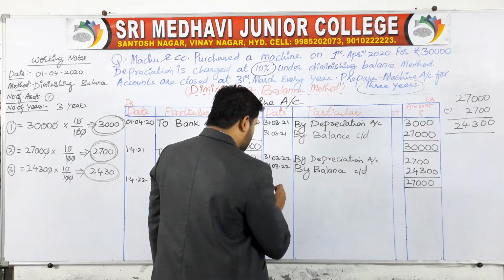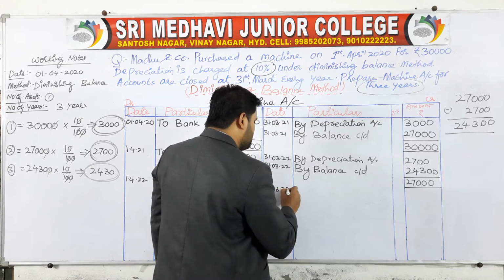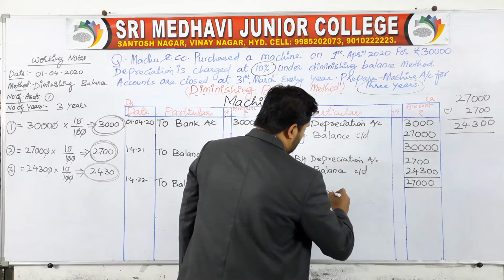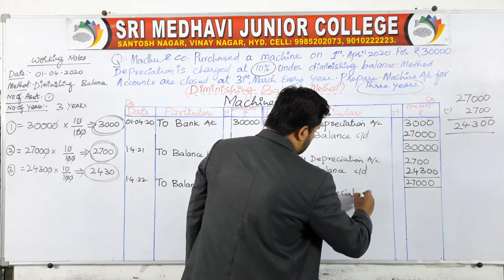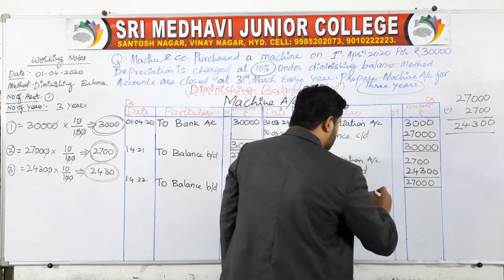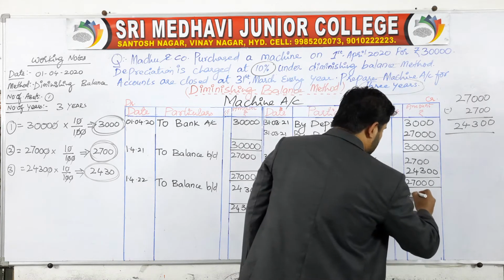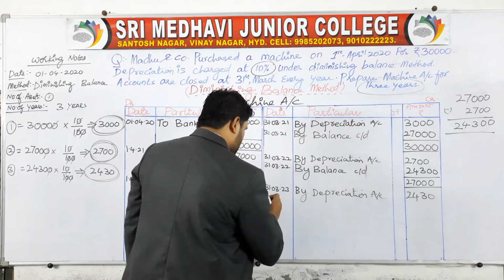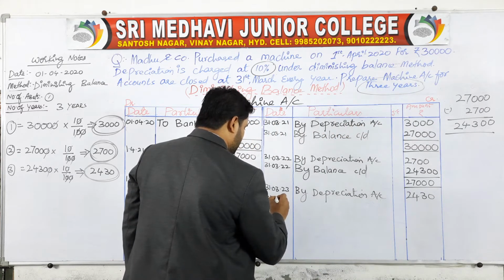On 31st March 2023, by depreciation account, 2,430. So what is the balance carried down of this year?